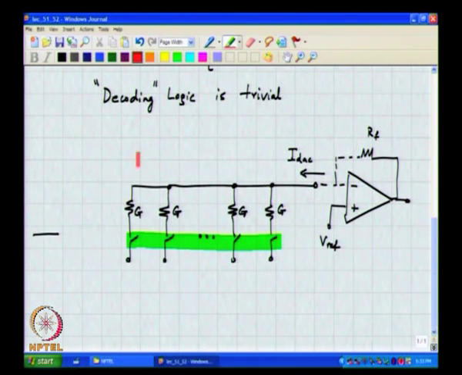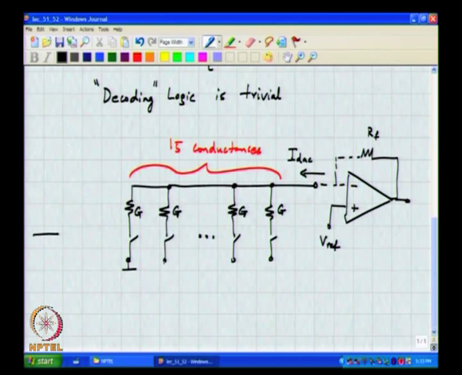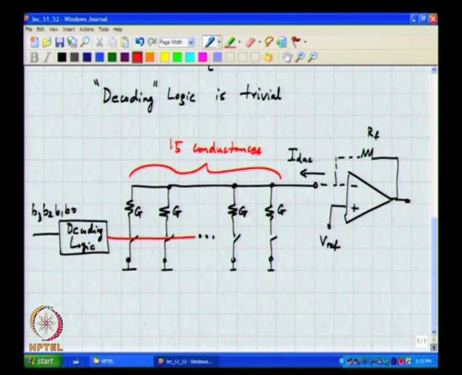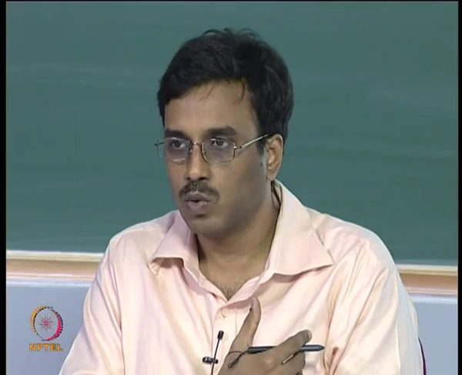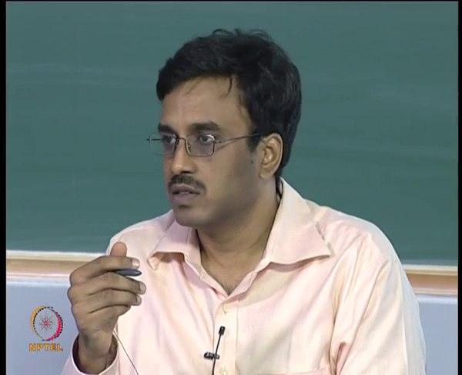So, in other words, there are 15 conductances, all right, and you need some kind of logic which I will simply call decoding logic, which takes the 4-bit control word, or the digital input word, and generates an appropriate 15-bit signal, all right.